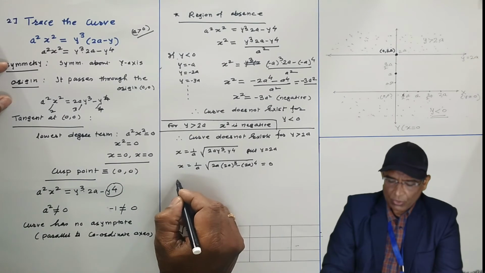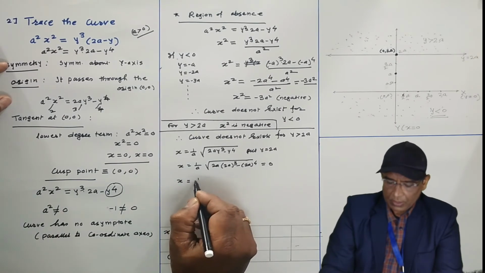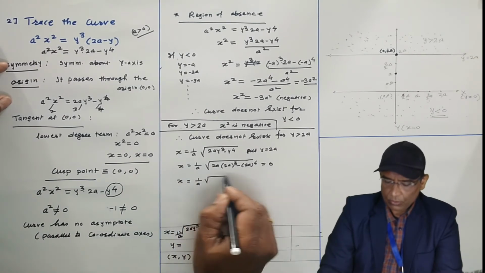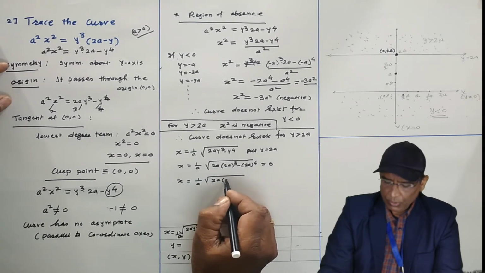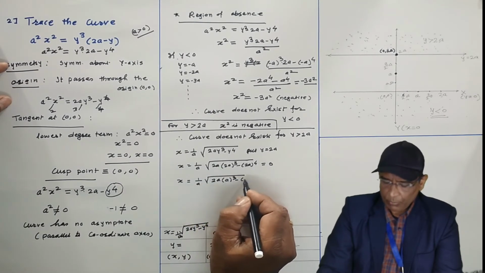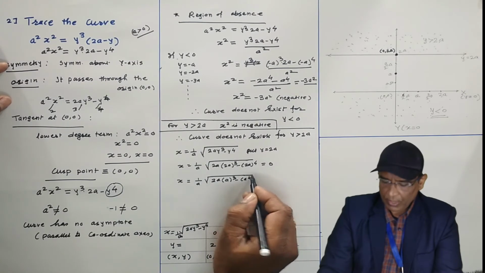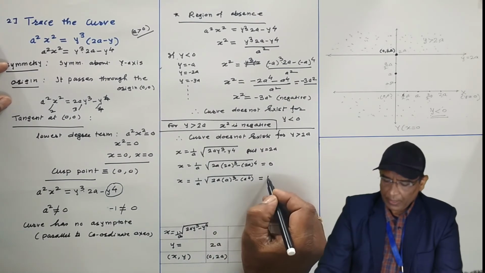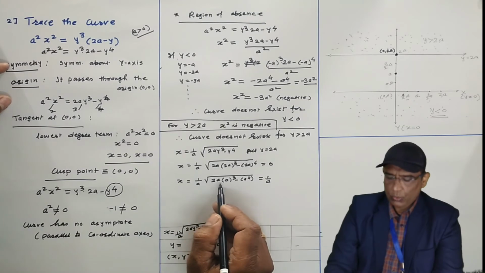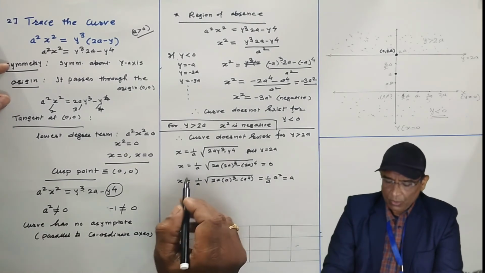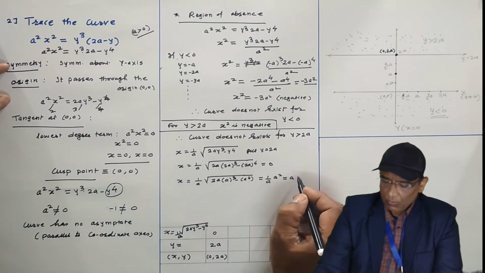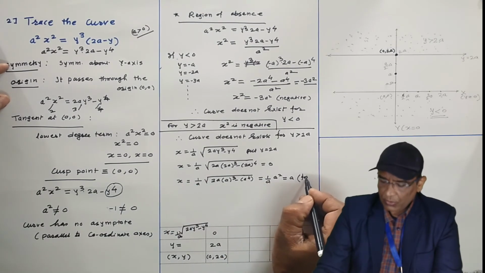If you put y equal to a, what will happen? 1 by a under root of 2a cube minus a raised to 4. I am putting y equal to a.